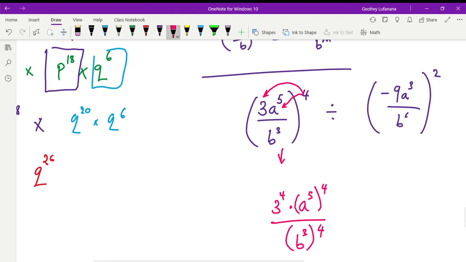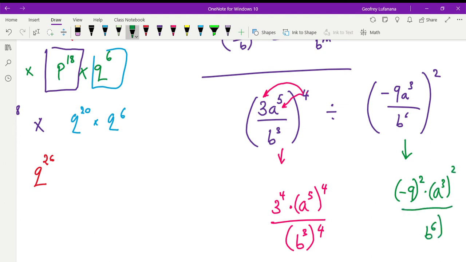And on this other side, we would have this one distributing to both of these. So the negative is on the 9, so I'll keep it on the 9. Negative 9 squared, A cubed to power 2 or squared, B to power 6 to power 2.